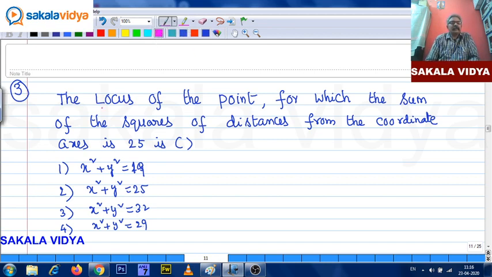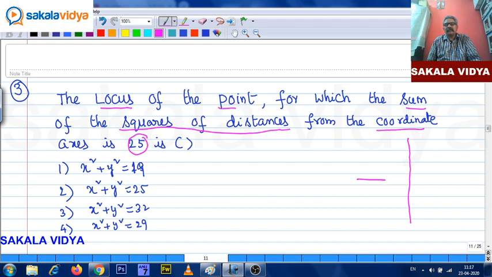See, the locus of the point for which the sum of the squares of the distances from the coordinate axis is 25. That means actually, let us take the coordinate axis: this is the x axis, this is x dash, this will be y, this will be y dash, this is the origin.